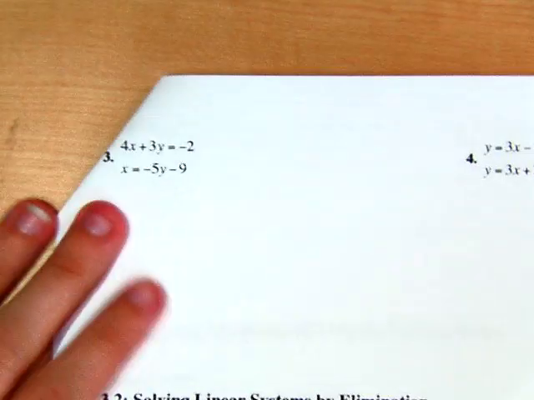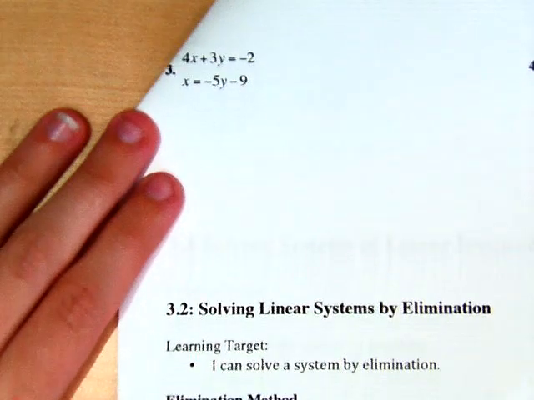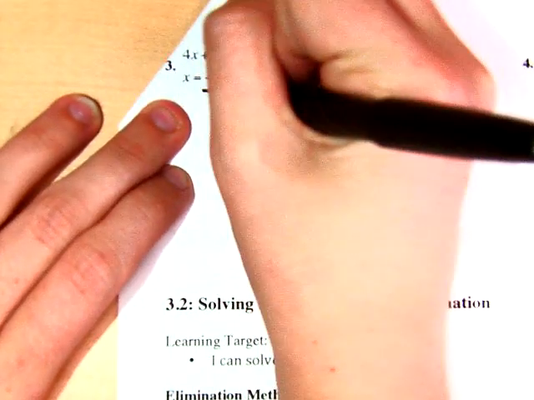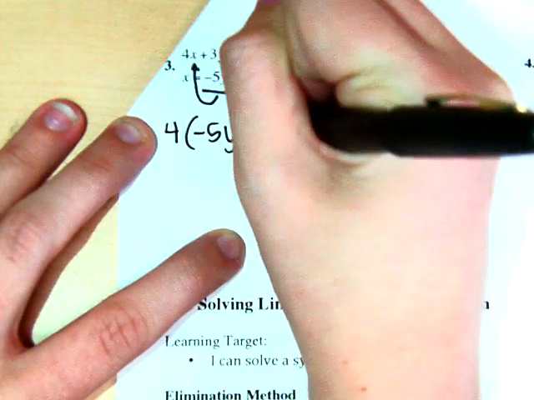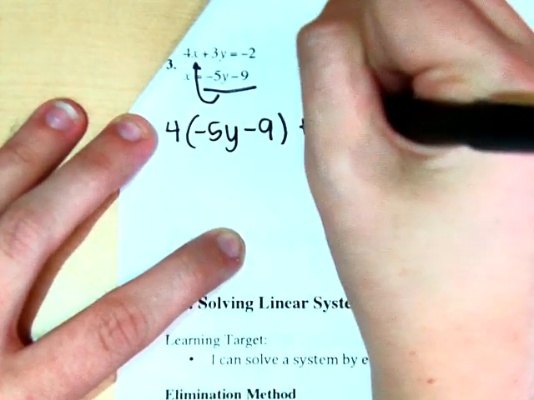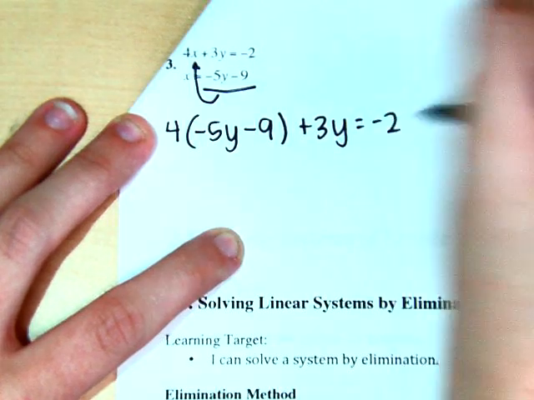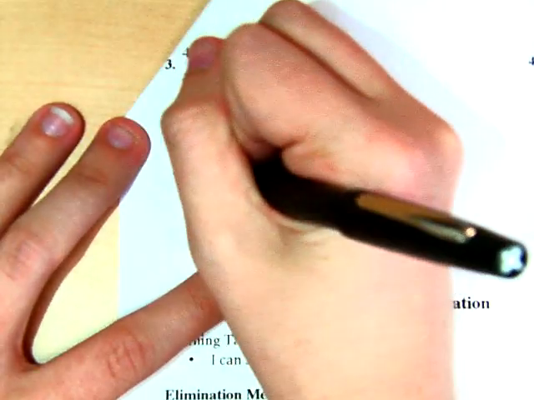Two more. This one, oh, we got x by itself. So we're going to take this and we're going to plug it in for x. So I have 4 negative 5y minus 9, plus 3y equals negative 2, and solve that thing.